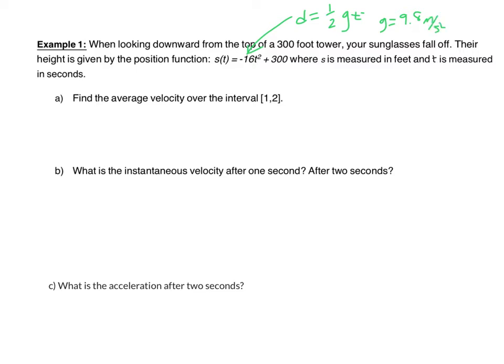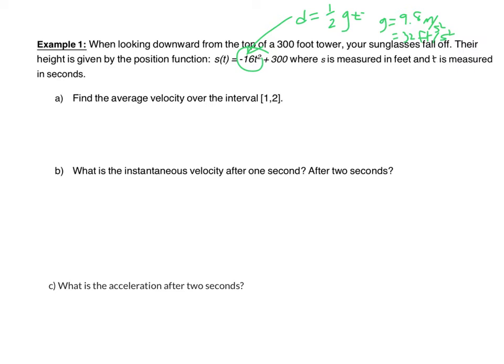In feet per second, however, it is equal to 32 feet per second squared. 1/2 of 32 is 16. That's where the 16 comes from. So if you notice that a lot of position functions have a 16 in them, that's why. Sorry, that was a side note, but I thought I would point that out in case you were wondering about that.